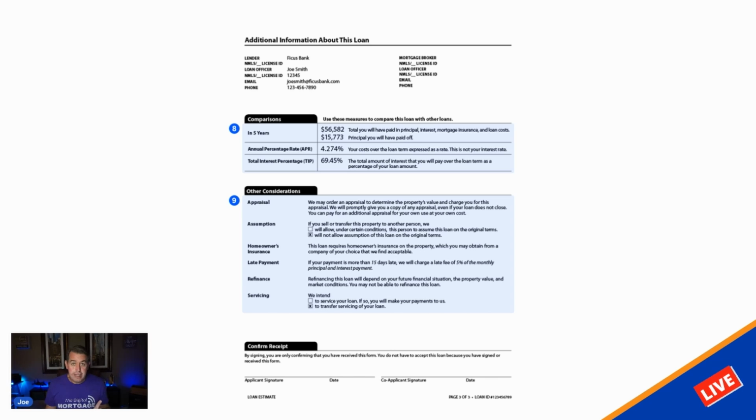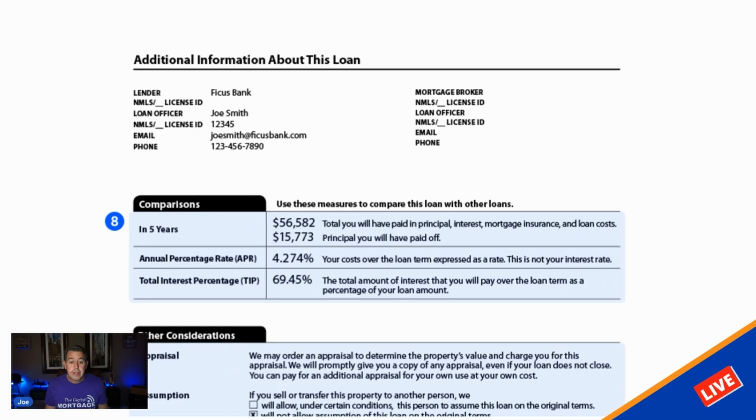Here is the last page of the loan estimate as well. If you look a little closer, annual percentage rate, that's the one you want to also pay attention to. That's the government's way of telling you how much a loan costs, the loan fees. So if there's a lot of loan fees, that will be a lot higher than the rate you're quoted.